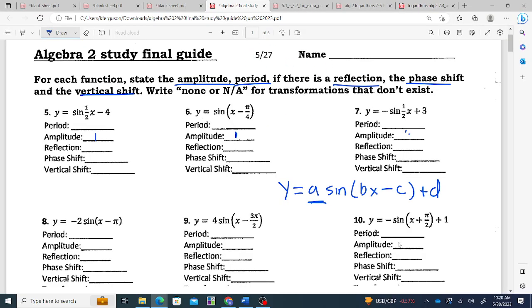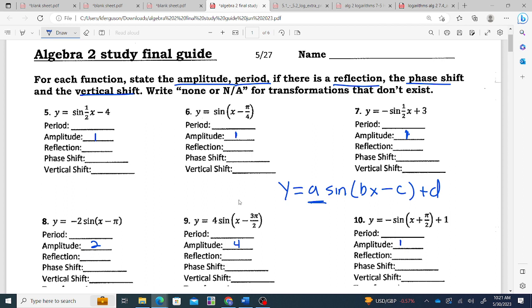The amplitude for the first one, second one, third one, and the sixth one, they're all one. The amplitude for the fourth one, or number 8, is 2. And then the amplitude for the 9 or the fifth one is 4.